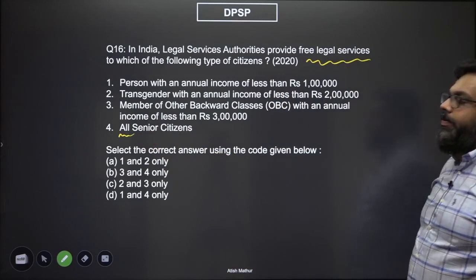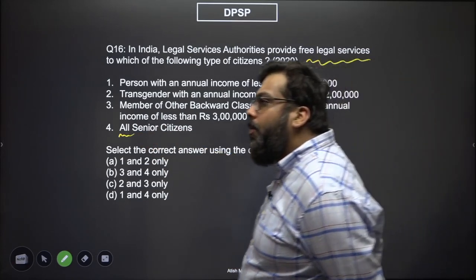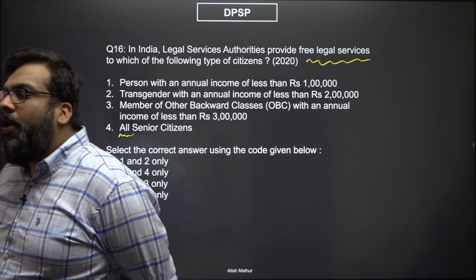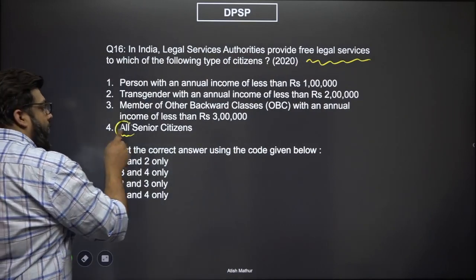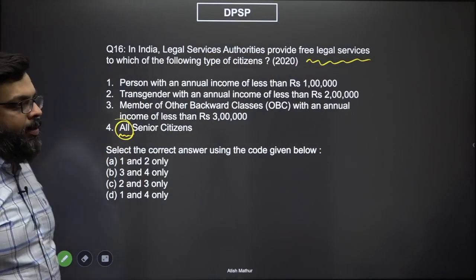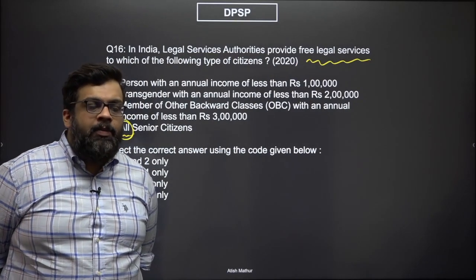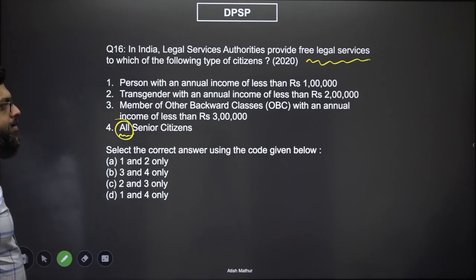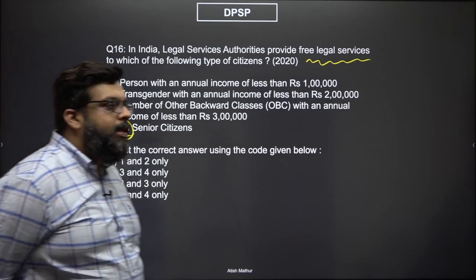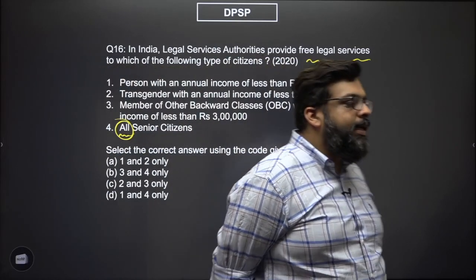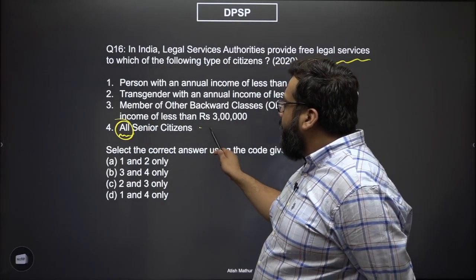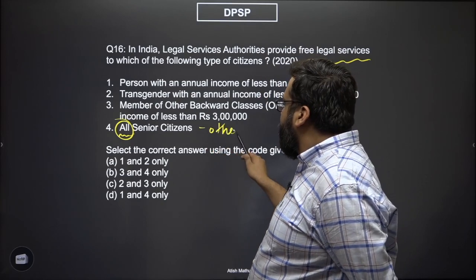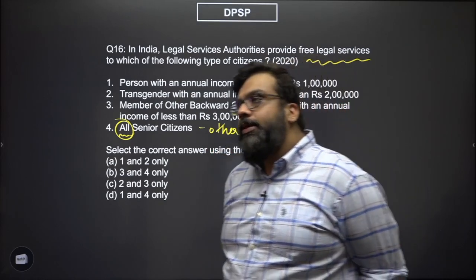Now, out of all of this, we try to think what principle, what logic, what trick could apply. Seems like "all" here is too much of an extreme, because if I argue the counter to it, even extremely rich senior citizens should be guaranteed free legal services. Now think about what other benefits super senior citizens get.